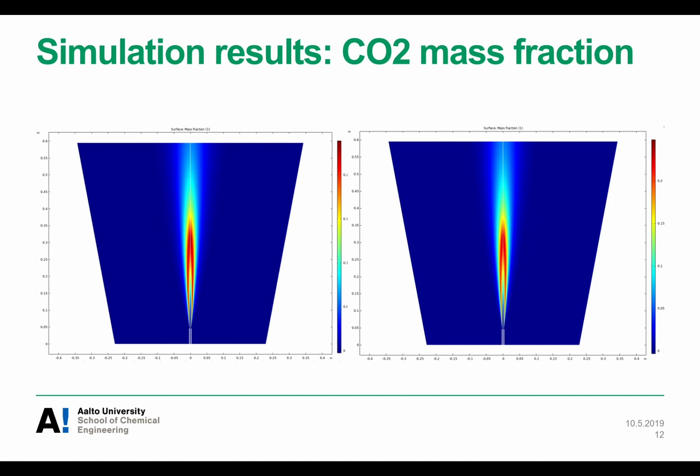When evaluating CO2 mass fraction, we can see that with higher velocity, which is again the left hand side, the CO2 formation is more intense. As can be seen, the red color, which illustrates the amount of CO2 forming, is more intensive in the middle section compared to the right hand side.